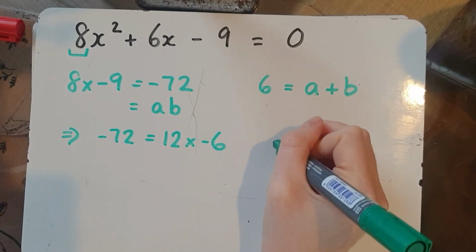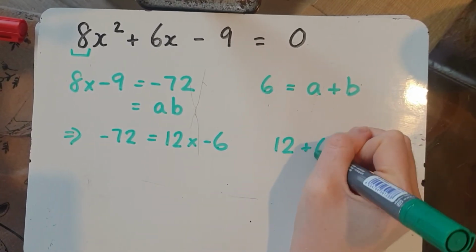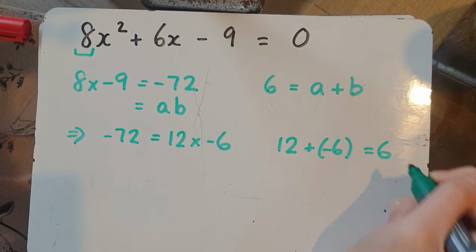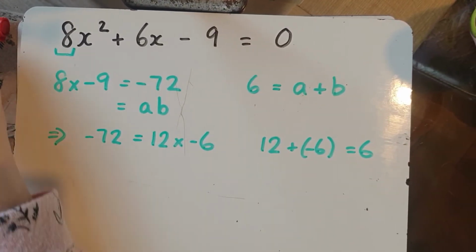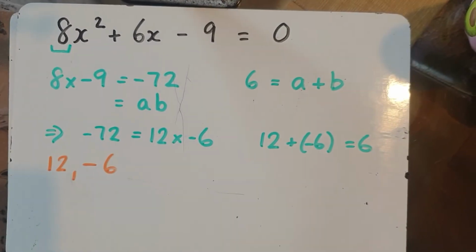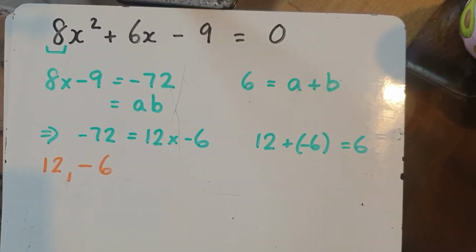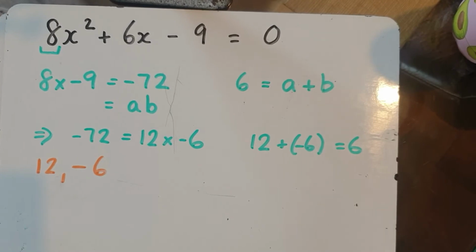And if I add 12 and negative 6 together, I get 6. So the two numbers I'm looking for are 12 and negative 6. Pause the video to copy that down, please, and then I'll go on to the next bit.